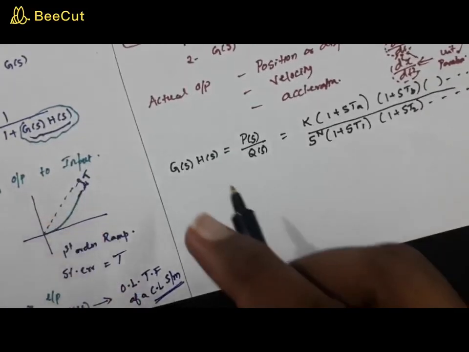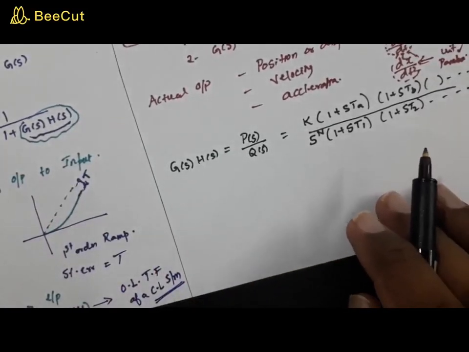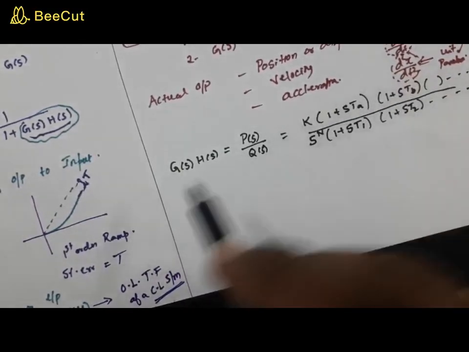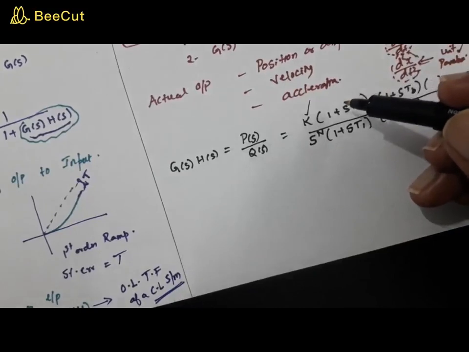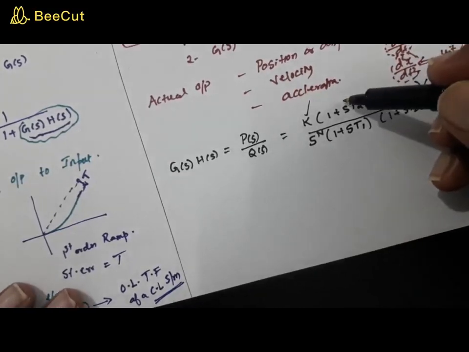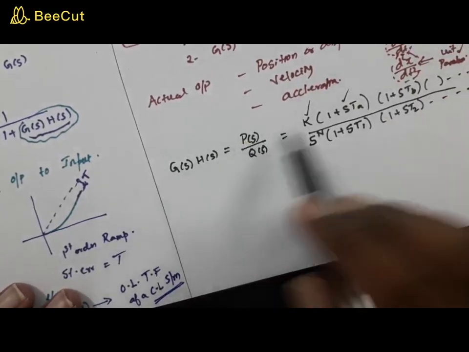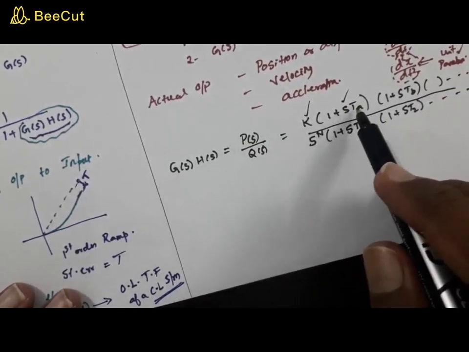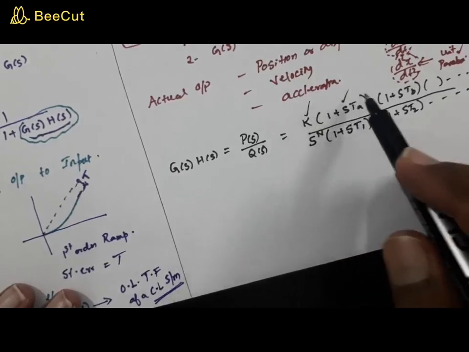Let's see what terms you can see inside this open loop transfer function. There is a constant term, and there is a polynomial factor, the factor of P of S. When you take TA, it will be s plus 1 by TA, which is why this is a factor.